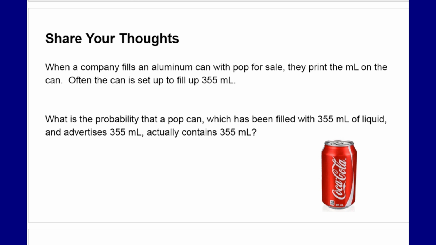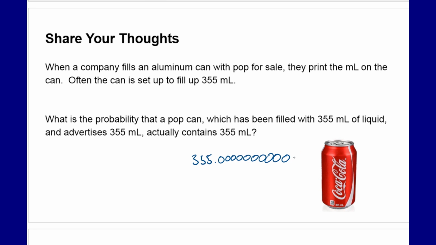Just take a second to think about that. But if you really think about it, when we're talking about 355 milliliters, we're talking about exactly 355.0000000000, and so on. So what is the probability of that actually happening?